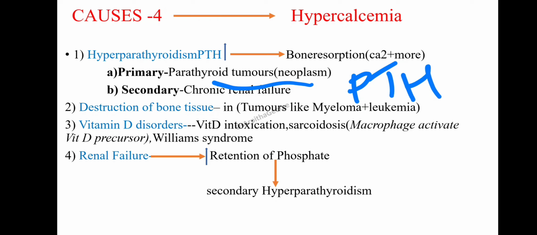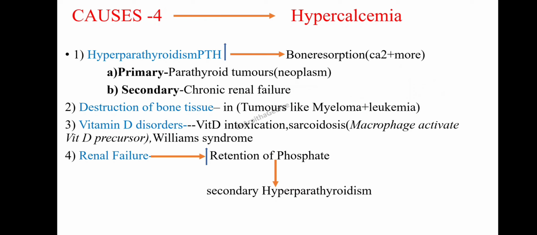And one more thing, vitamin D also helps in the absorption of more calcium from the food, from the gut, from the intestine. So these are the two factors. Sometimes neoplasm is also there, but mainly the two factors that control the calcium level in our body are parathyroid hormone and vitamin D.